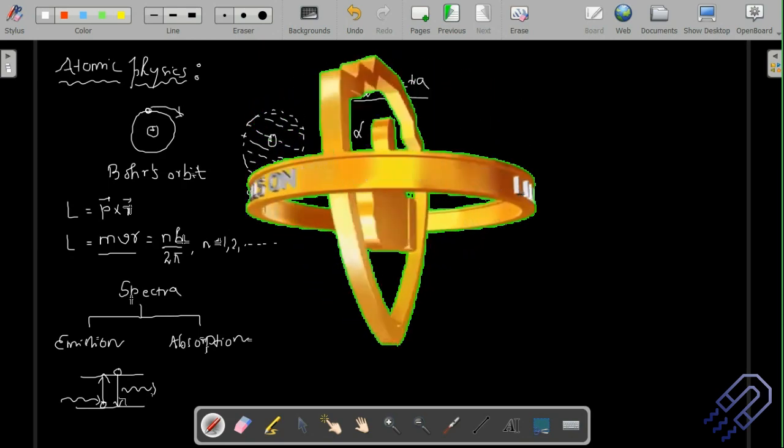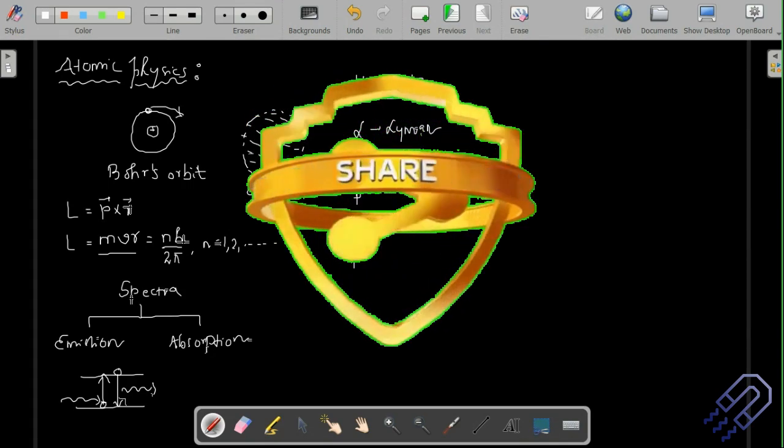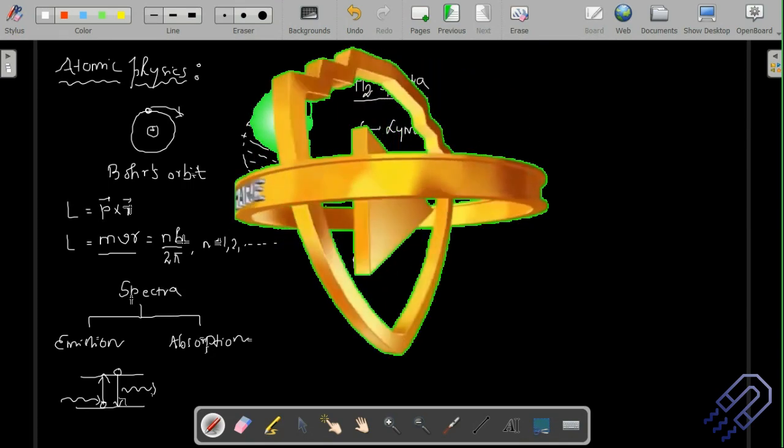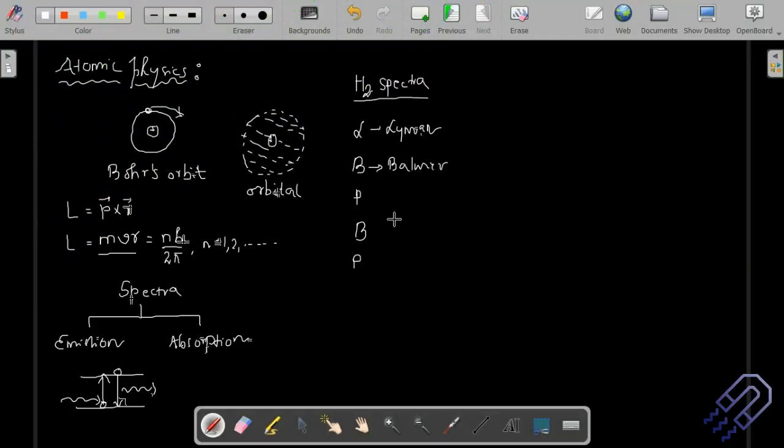L stands for Lyman. This is something which is already there in your notes, so I think we can discuss it once. Balmer, P is Paschen, B is Brackett, and P is Pfund. So P is silent, Pfund.